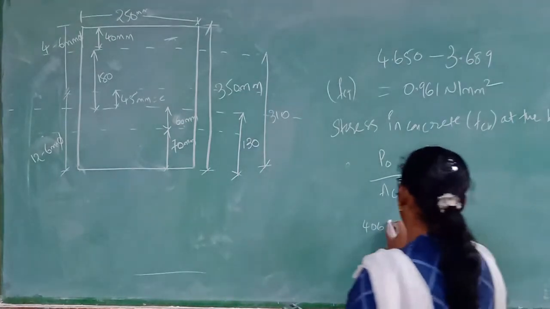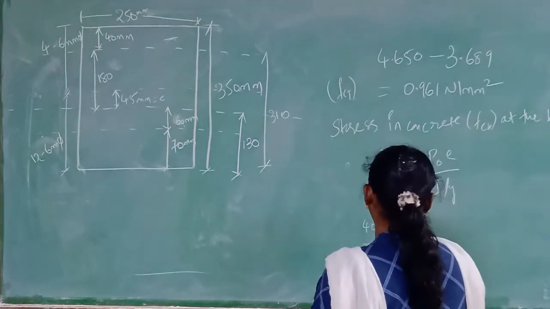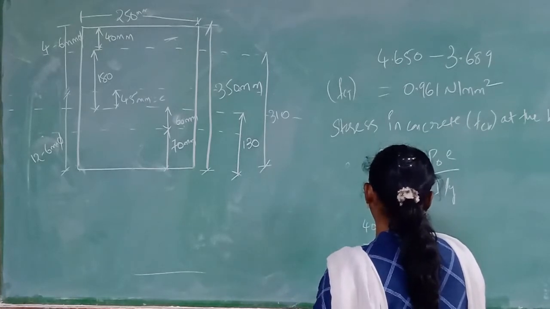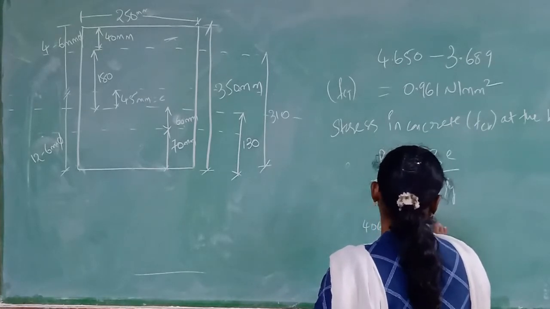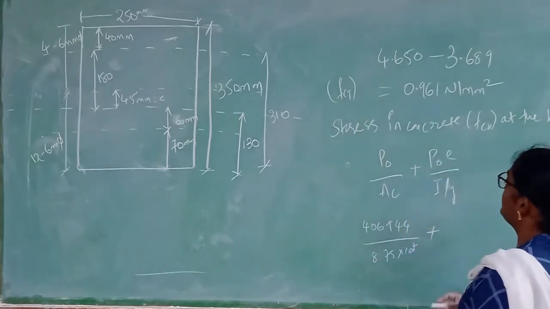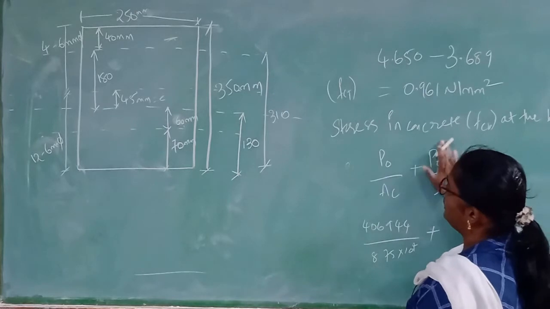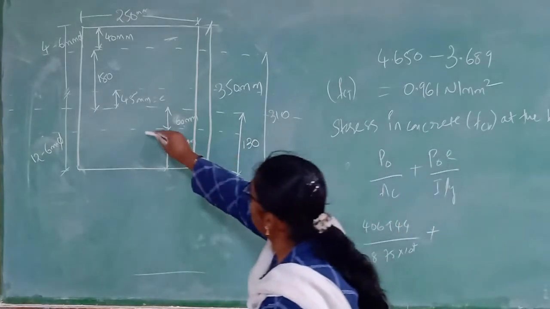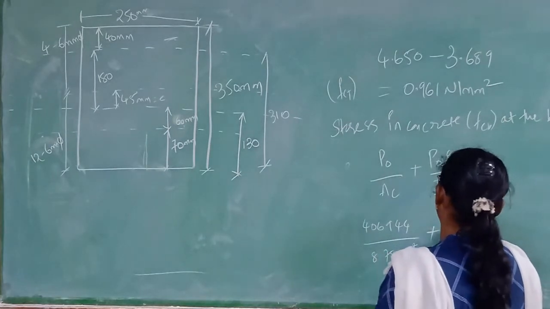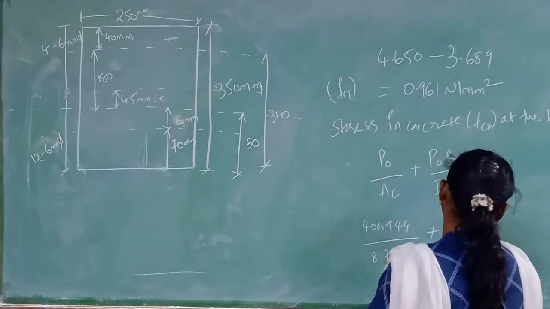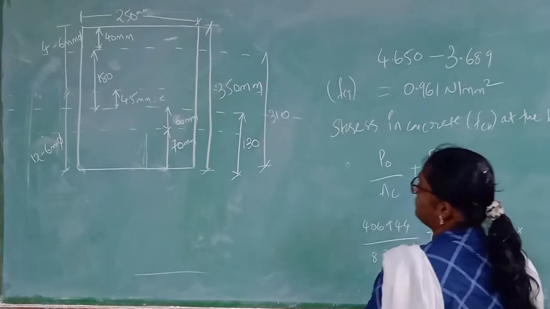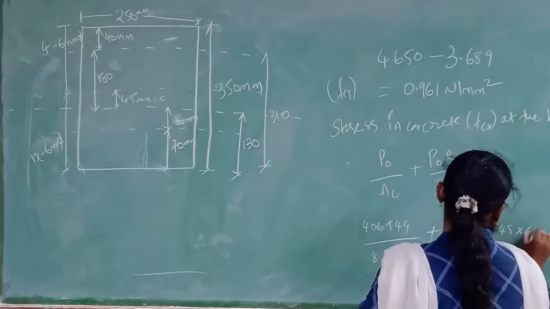406,944 by the area of the concrete, 8.75 into 10 to the power 4, plus. Here why are we taking the plus? Because all this is at the bottom level. So right, we need to add it. The 60.